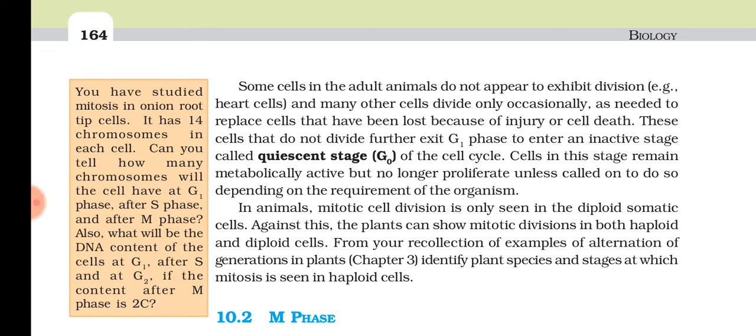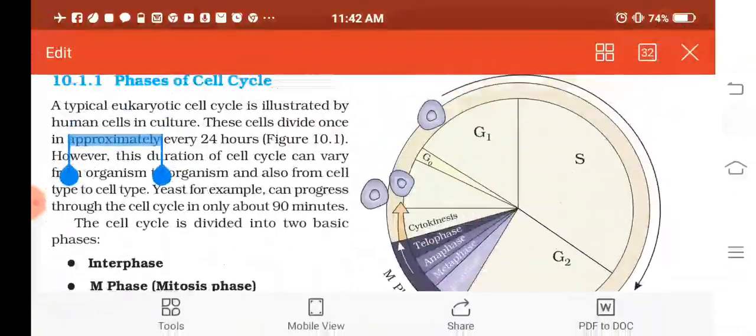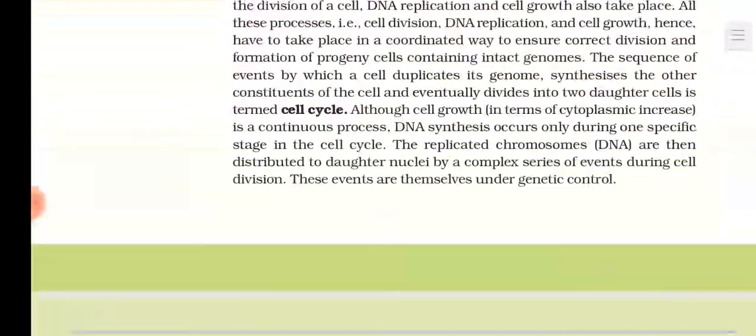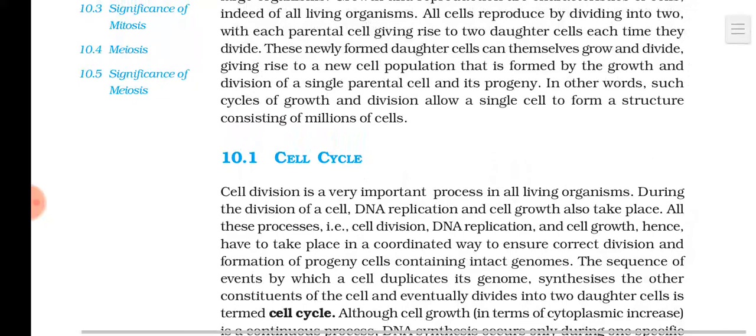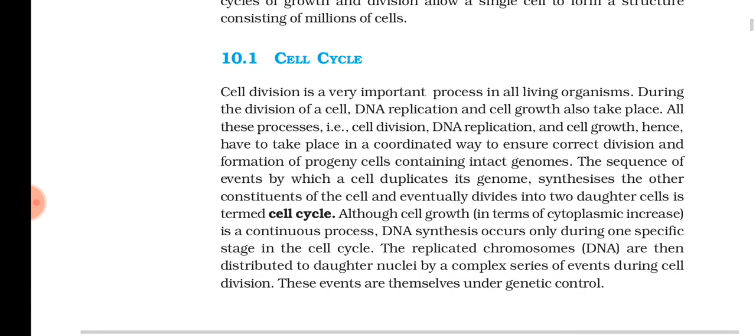So, hope you understood this topic we have studied here today, that is the cell cycle. How can you define the cell cycle? The sequence of events by which a cell duplicates its genome, synthesizes the other constituents of the cell, and eventually divides into two daughter cells. That orderly process is called what?